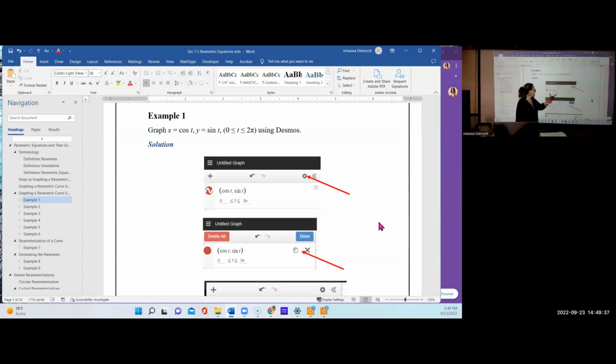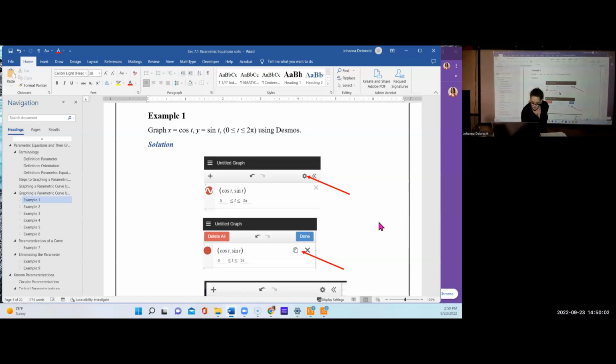And so it opens up for you a range for you to enter the values of t. Now, if t wasn't given values, then presumably it goes negative infinity to infinity. You might choose negative 10 to 10 or something like that, just to see part of the graph, get an idea of what it looks like. In this case, we were given a closed interval, 0 to 2 pi. So I enter 0 to 2 pi.